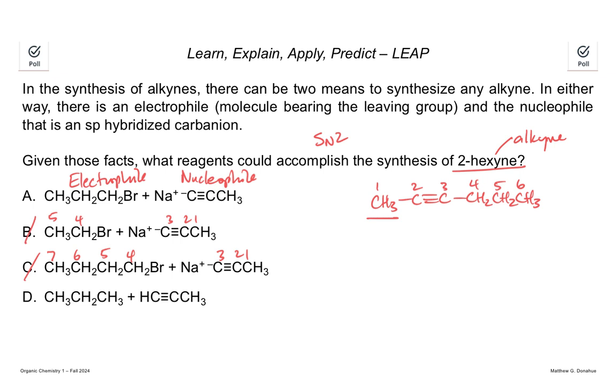That's not enough. Choice D is really poor as well, because notice everything's neutral, so you don't have a carbanion there. And then here, there's no leaving group. So just with that, A is going to be the correct answer.